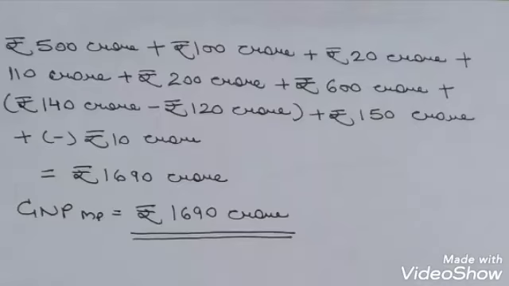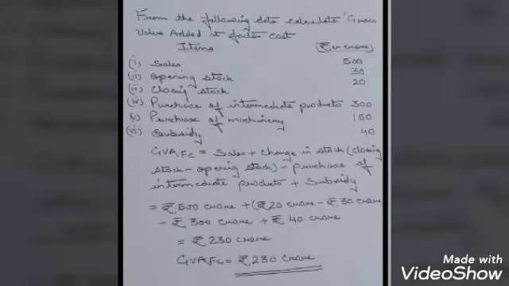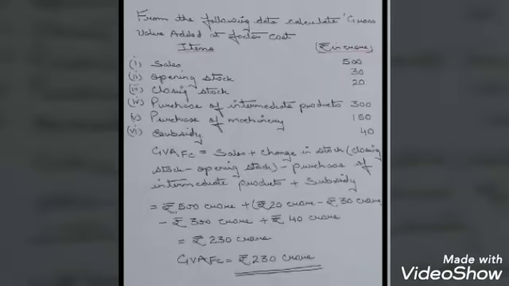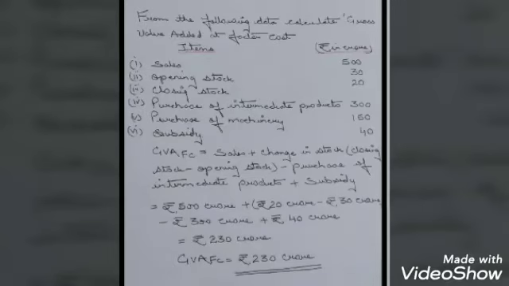Okay. Now the next numerical is: from the following data, calculate gross value added at factor cost. If it is gross value added at factor cost, then you might have understood that this numerical has to be calculated on the basis of value added method or product method.